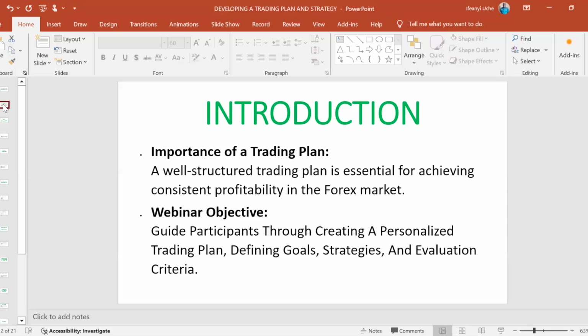You should be able to define your trading goals and strategies, and have the evaluation criteria when you make your plans. What are the things you use for your evaluation to know if you've actually followed through the plan?